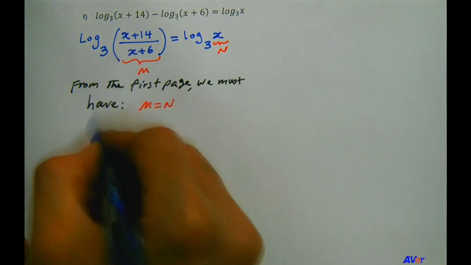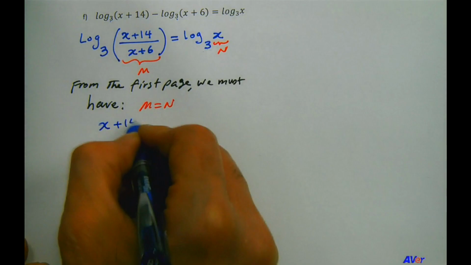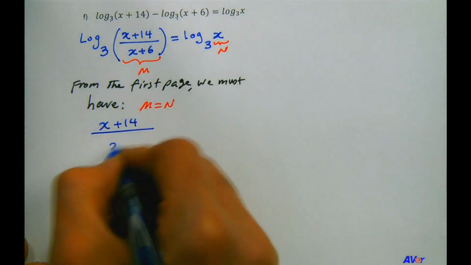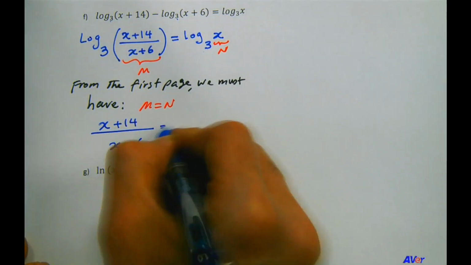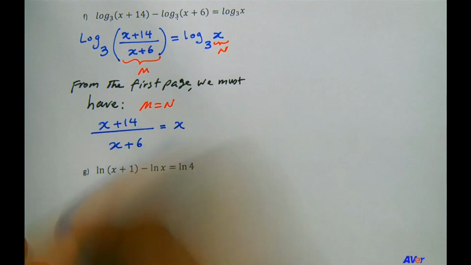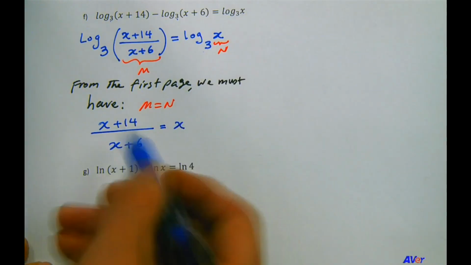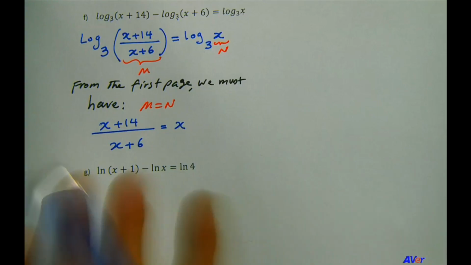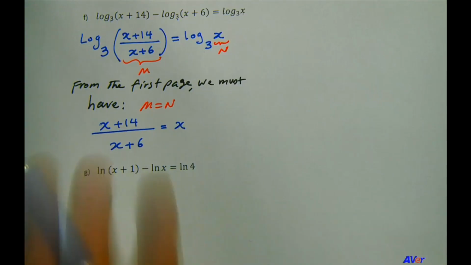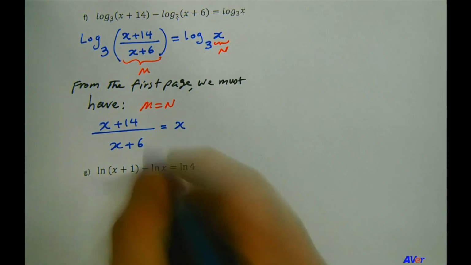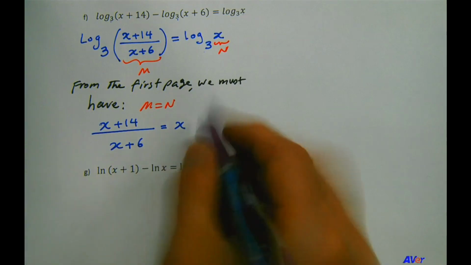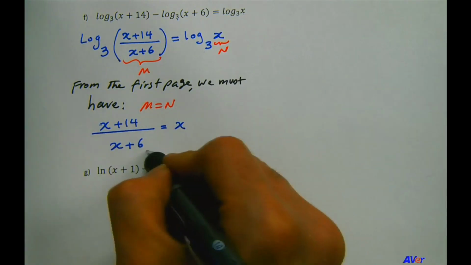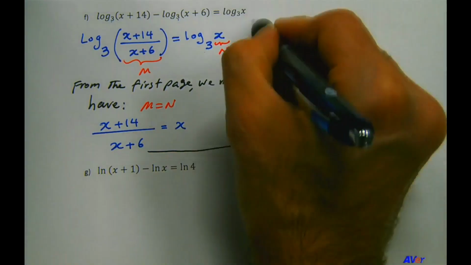So then let's set these two equal to each other. X plus 14 divided by x plus 6 equals x, right? So this is a rational equation. Several lessons ago, we learned how to solve these, right? Well, how would you solve this? Multiply both sides by what would clear the fractions, right?